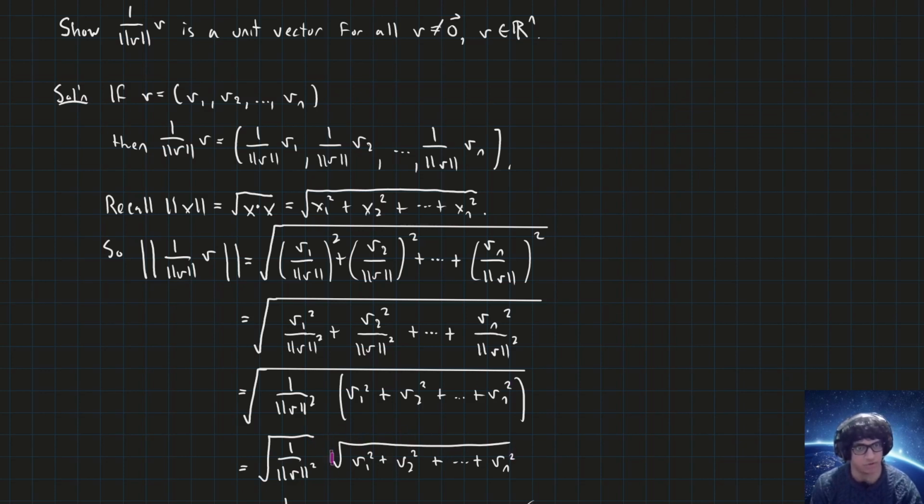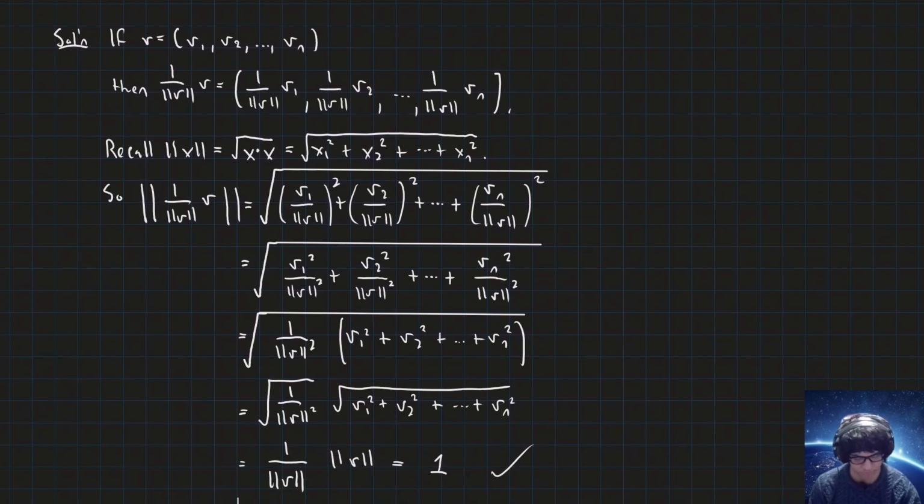So this part over here should now look familiar, right? What is this? This is the formula for the length of v, right? That's what this is. Okay, so now all I have to do is look at this part here.